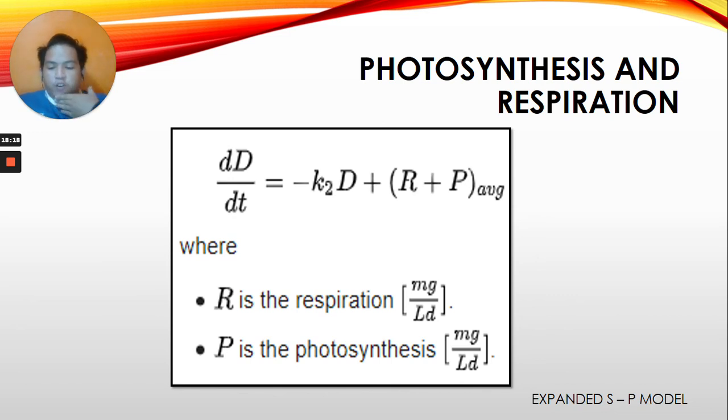Respiration is also performed by bacteria and animals. So assuming steady state, the change in deficit will be dD over dt again is equal to negative K2 times D plus R plus P average, where R is the respiration and P is the photosynthesis.